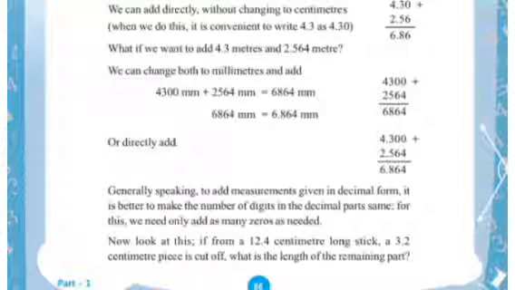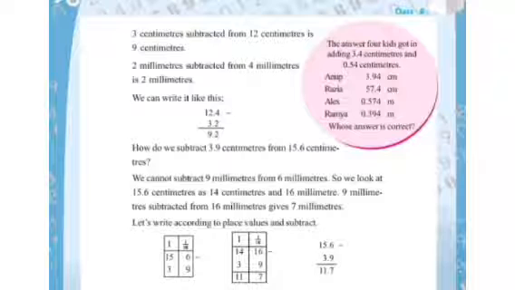It's enough there. If from a 12.4 centimeter long stick, a 3.2 centimeter piece is cut off, what is the length of the remaining part? This is in the subtraction form. The total length of the stick is given, it's 12.4, and the length of the piece is also provided. If we subtract 3 centimeters from 12, we know that it's 9 centimeters.